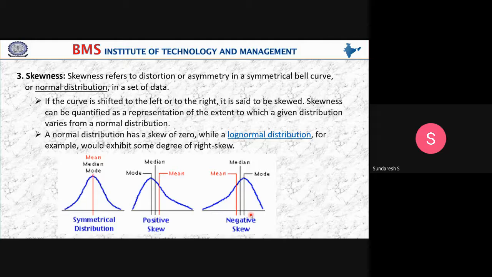That is one important thing. These are the variations in the distribution, how the data varies, the extent to which it varies from the normal distribution, right?